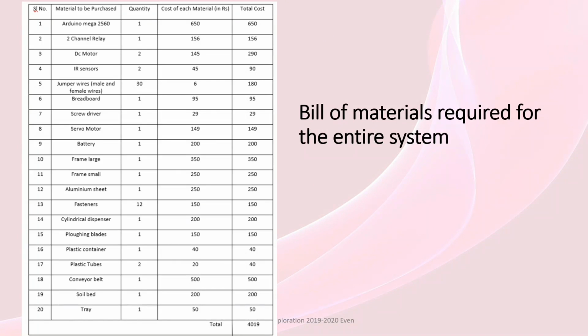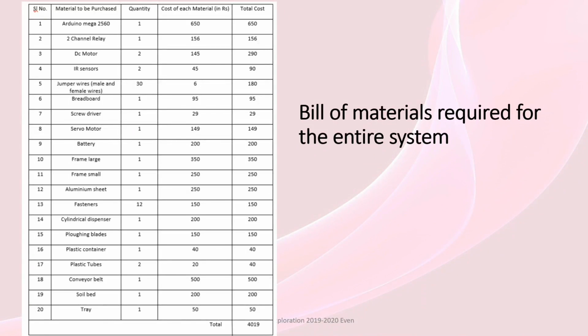Flowing plates, quantity 1, cost of each material is 150 rupees. Plastic container, quantity 1, cost of each material is 40 rupees. Plastic tubes, quantity 2, cost of each material is 20 rupees.